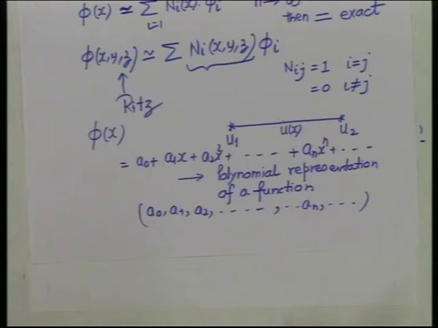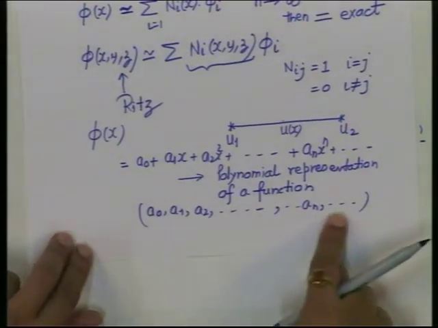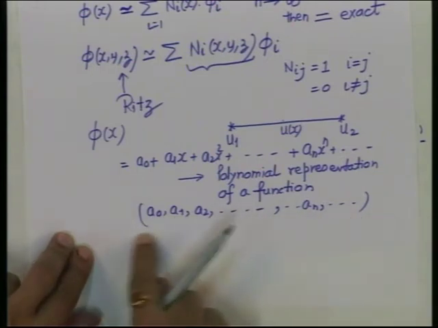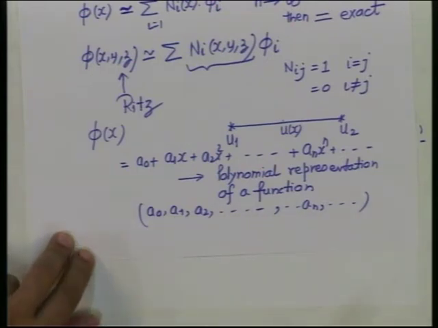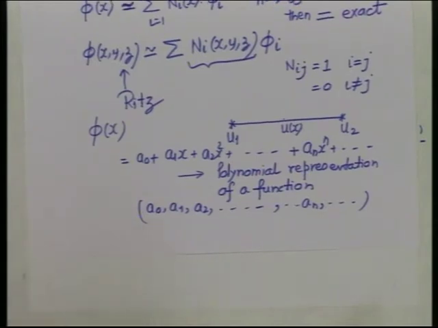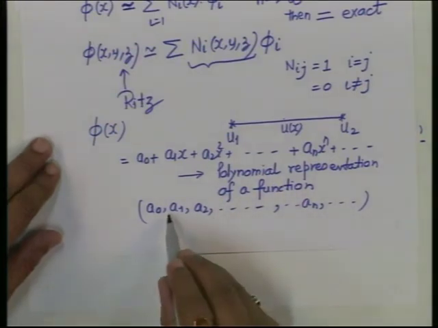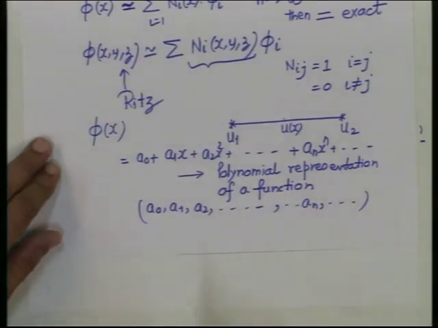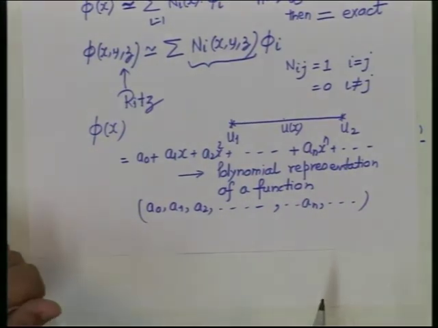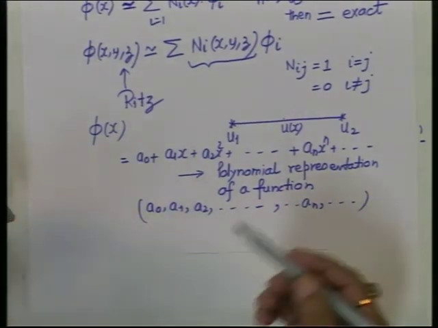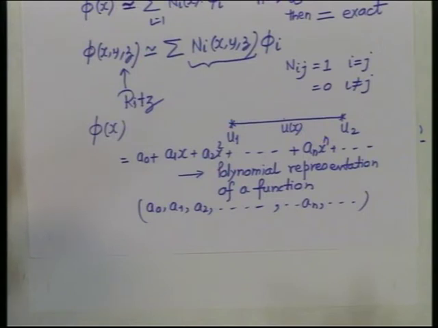A function was used like this in terms of what we used to call in the beginning generalized coefficients, in terms of polynomial coefficients. But in order to bring in a relationship between a0, a1, etc., and the nodal quantities, we can see, yes, that it is possible to relate the two in some way.